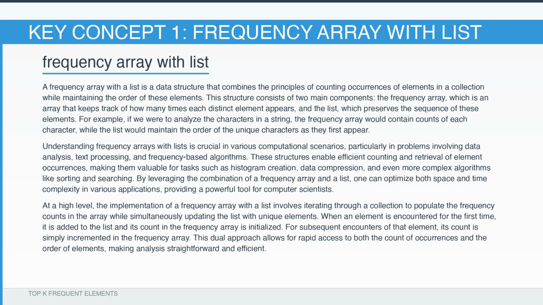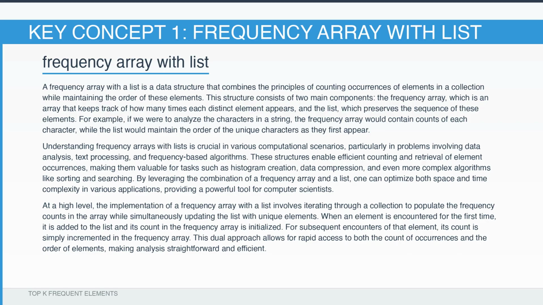The concept of a frequency array with a list is essential for understanding how we can efficiently count and organize elements in a collection. Imagine you have a basket of fruits, and you want to know how many of each type you have, while also remembering the order in which you picked them. In this structure, the frequency array acts like a tally sheet, where each fruit corresponds to a specific index, counting how many times each fruit appears.